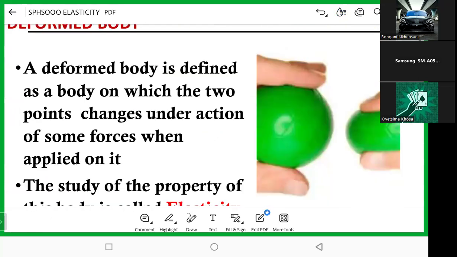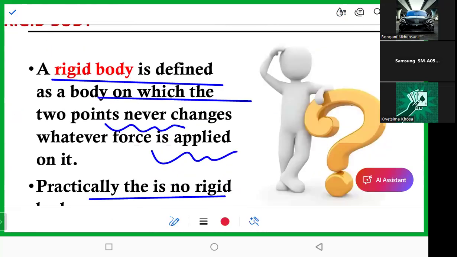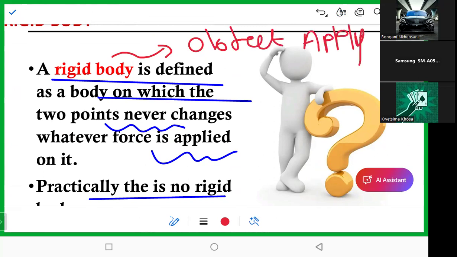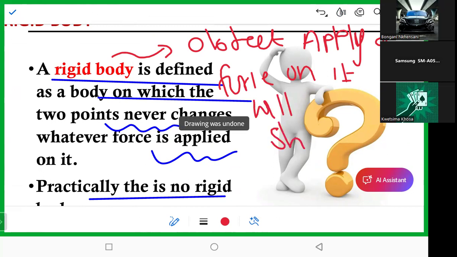In simple terms, it is an object which, if you apply a force on it, won't change. It will remain the same, its shape or its size will remain the same. So that's a rigid body.